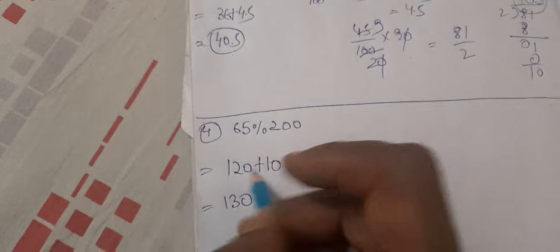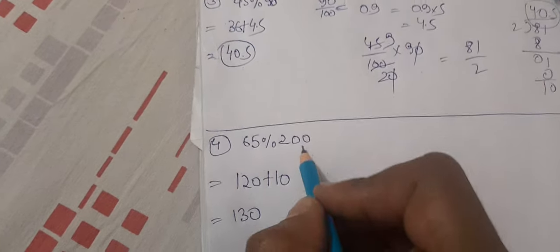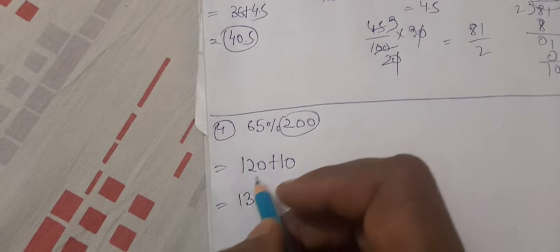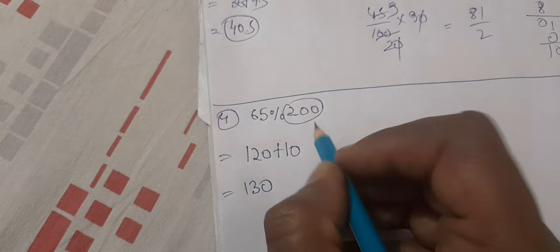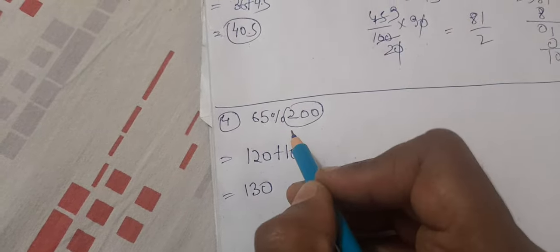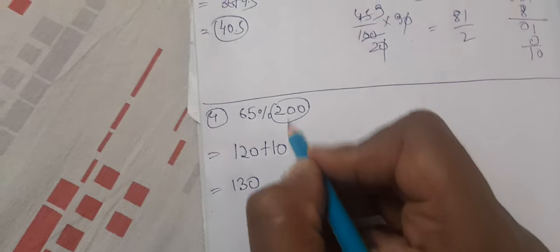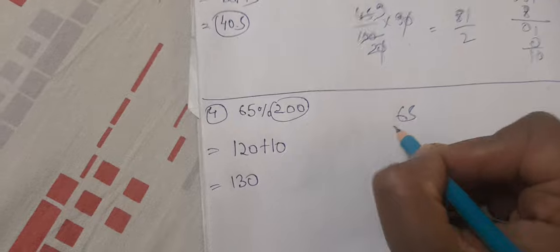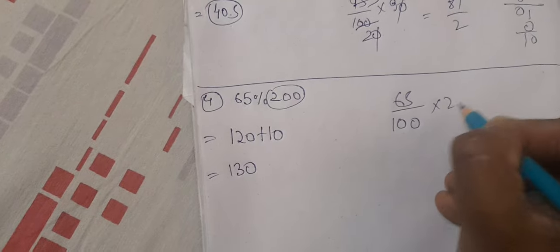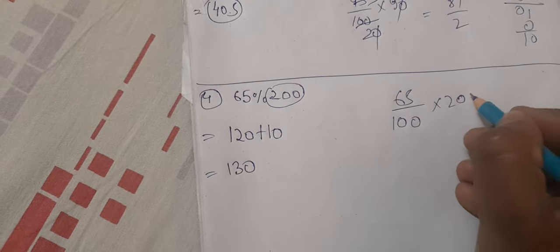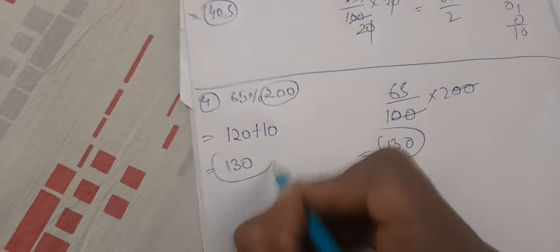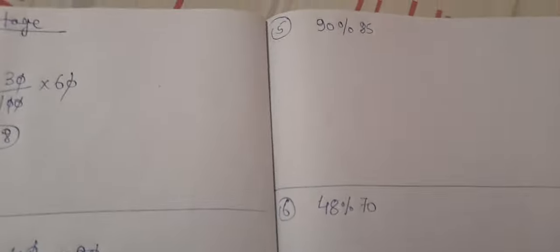First we calculate 10% of the whole number, that is 20. So 20 into 6 is 120. And 5% of 200 is half of 10%, so 10, which means 130. Let's check this through the normal method. See this, 130.